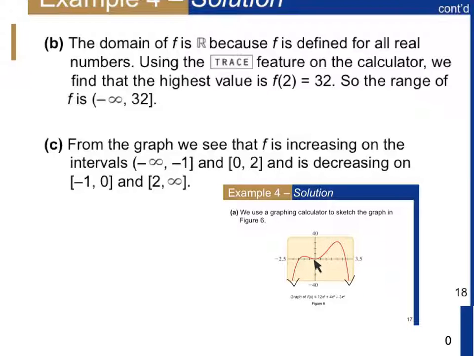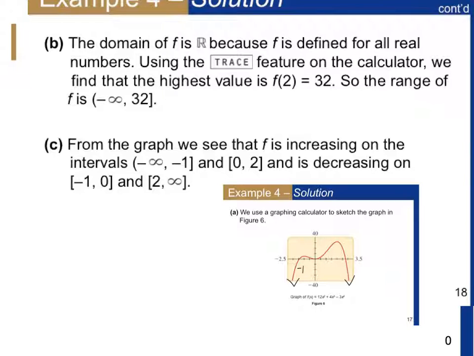So if we go backwards, minus 1 is that tick mark there, 2 tick marks in. So it's increasing from minus infinity to minus 1, and then it stops, and then it's decreasing from minus 1 to 2. So it's going down again as we go along x. This is where our minus 1 is, right there, on x.